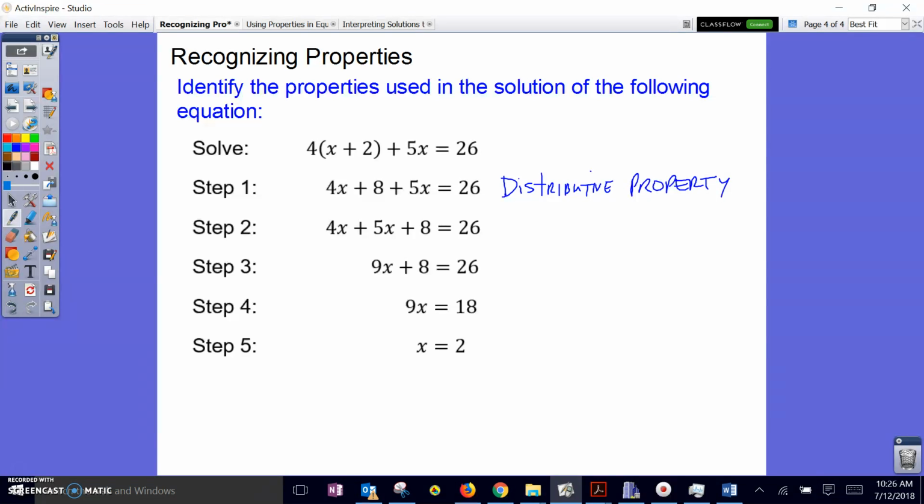Okay. In the second step here, step 2, what did we do? Well, we had two things that were being added, the 8 and the 5x, and we switched their order. So the property we used there was the commutative property.